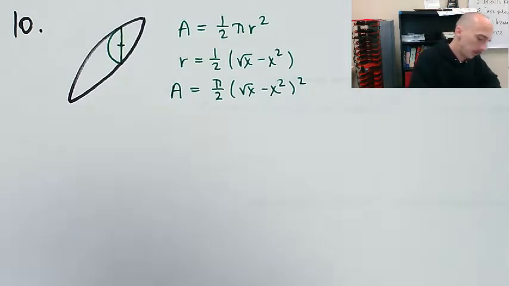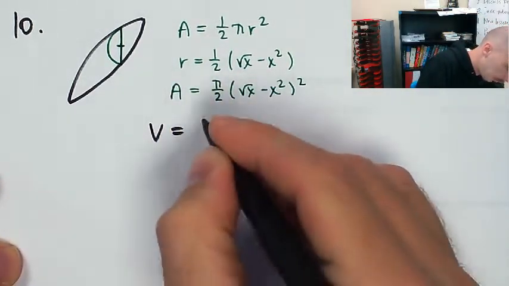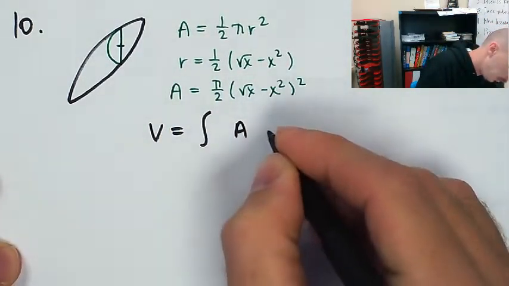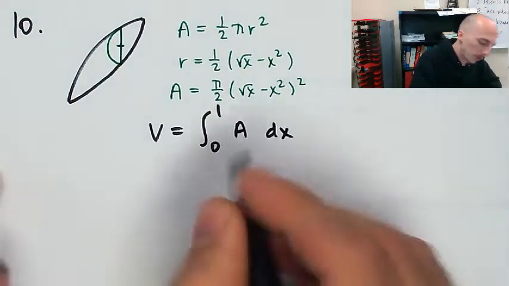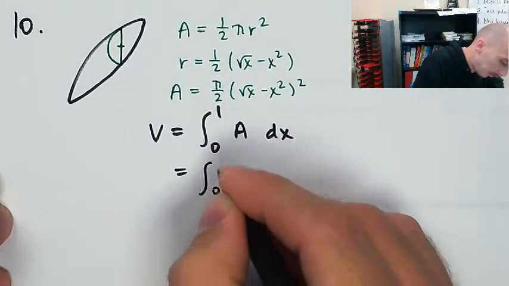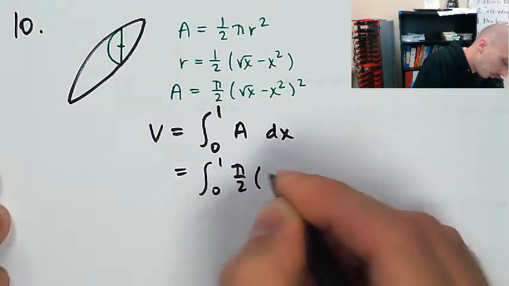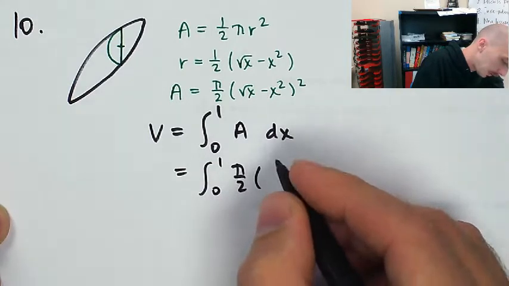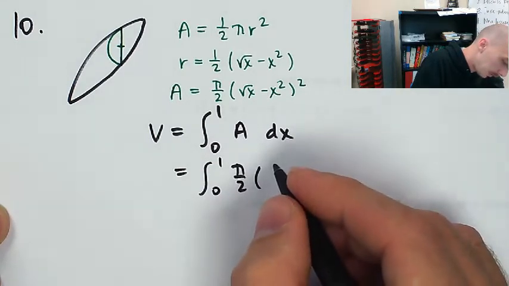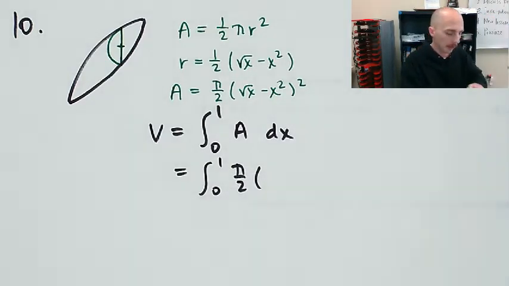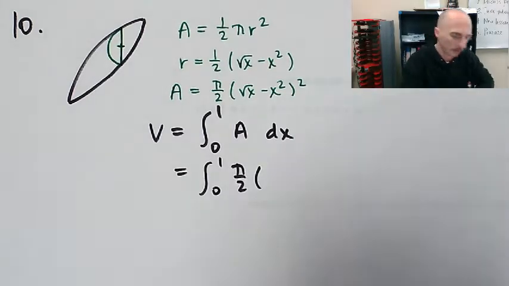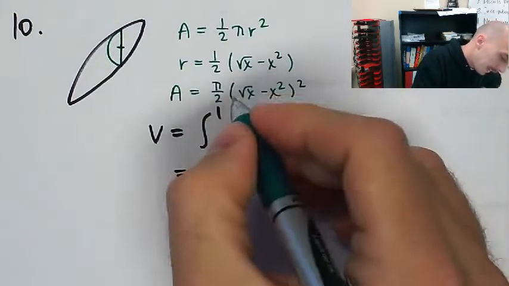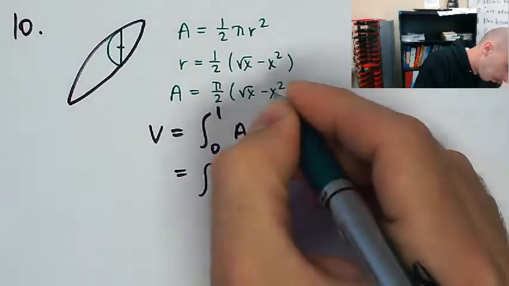We know that volume is equal to the integral of the area formula. We're cutting perpendicular to the x-axis, and x runs from 0 to 1. So that's going to be the integral from 0 to 1 of pi over 2 times, let's see, I made the classic error, and I'll be honest, I'm doing this before I've delivered the lessons on cross-sections, so I didn't put the 1/2 in there before squaring it.